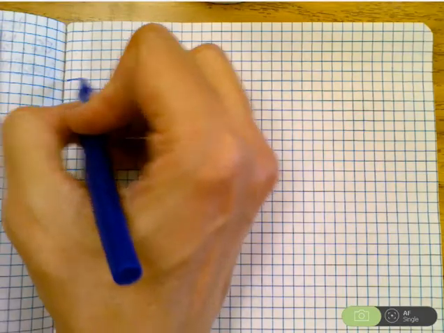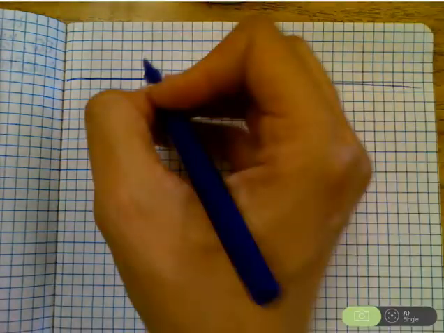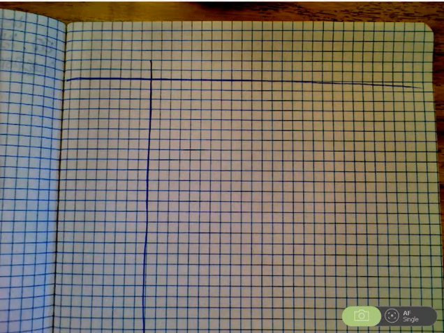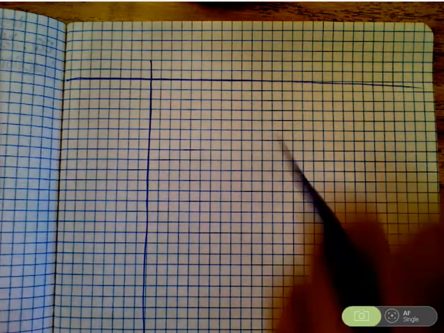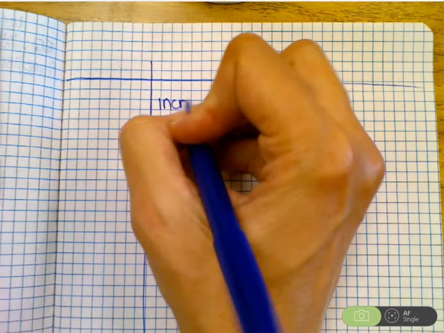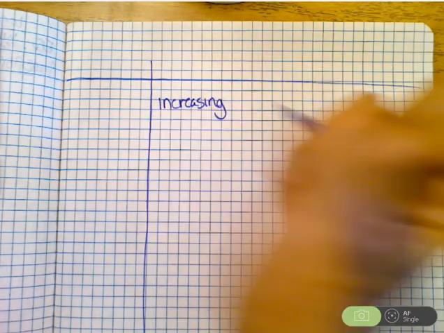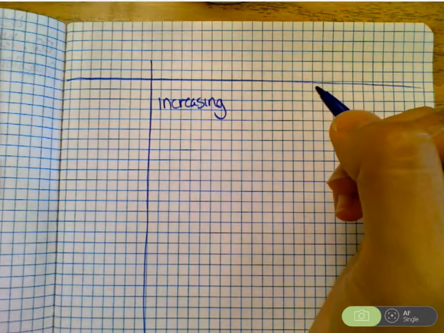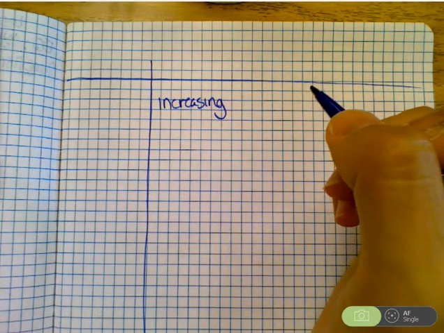So we only have 3 more vocabulary words. I'm going to a new page just because I don't like scrunching it up at the bottom, and it's probably easier for you to see if I do it this way. So our other few words are increasing. And increasing, again, we're going to talk about intervals here, just like we talked about intervals with positive and negative values.